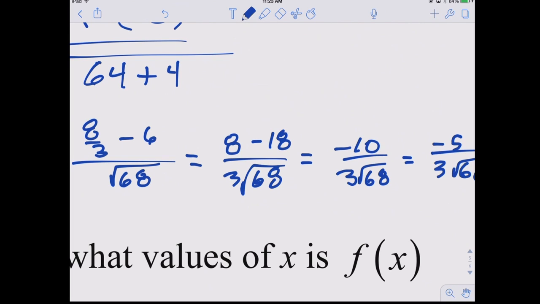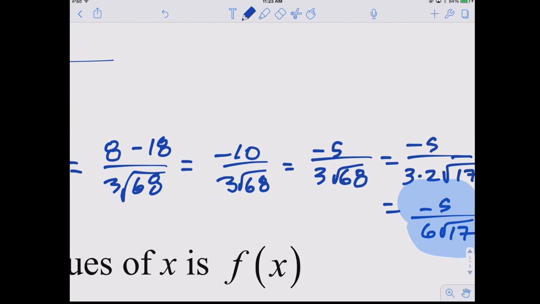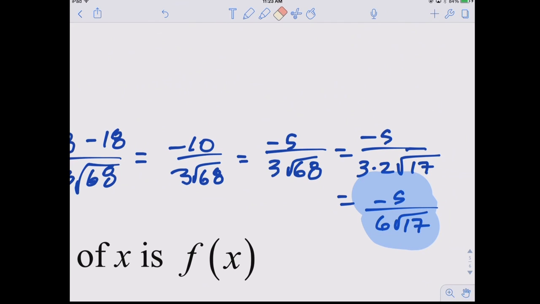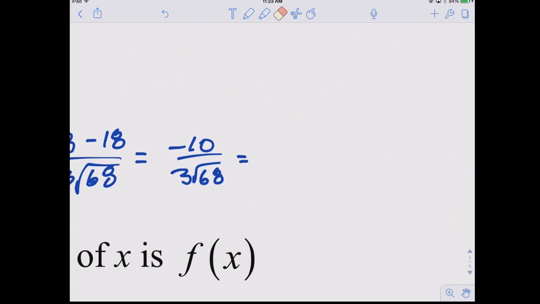That should be a 3 and a 3. Nice. And then that would be still a 10. We can still do that, right?